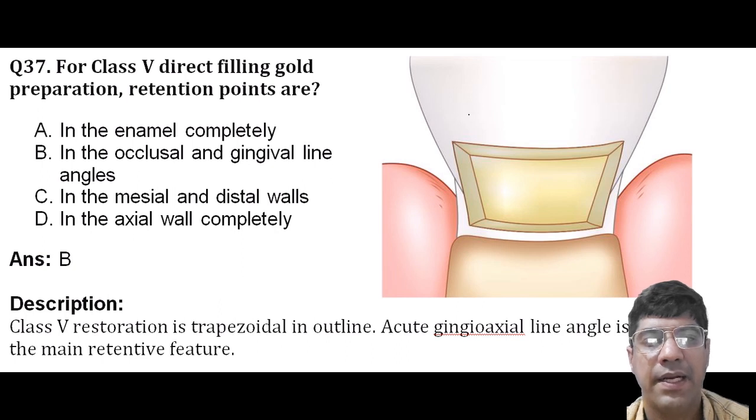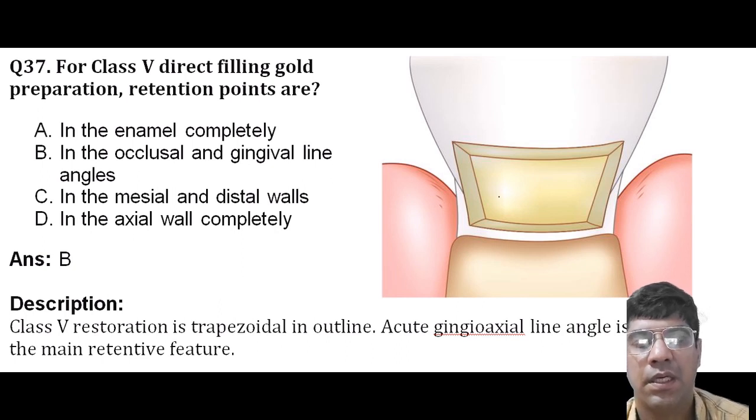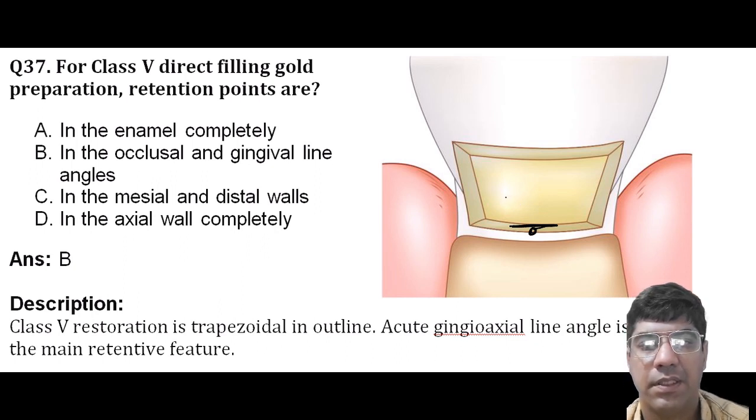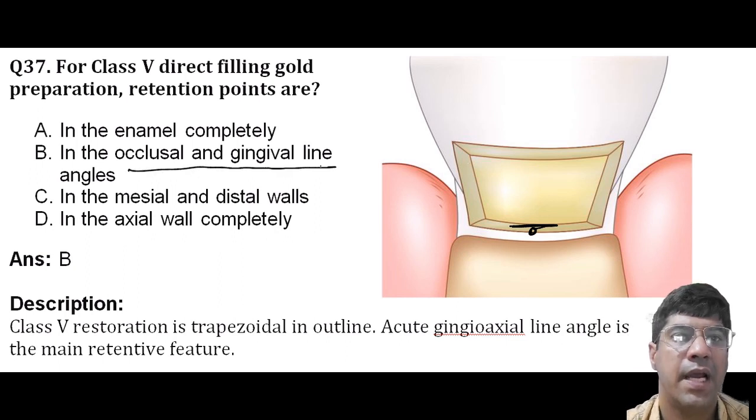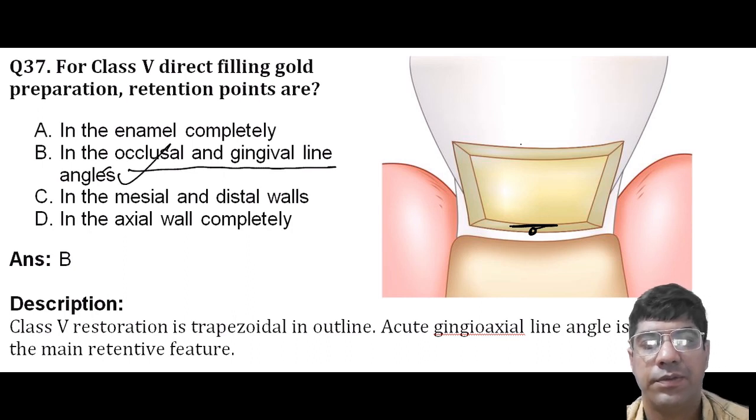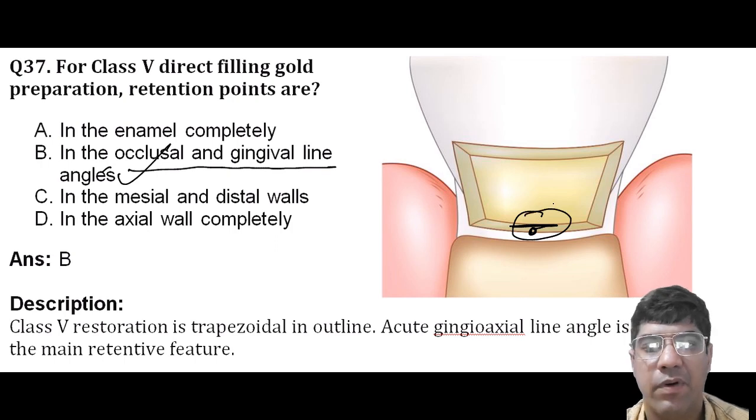So the main retentive features are the gingivo-axial line angles. That helps to ensure proper retention of the gold restoration in the tooth. So the answer is occlusal and gingival line angles in the tooth. Retentive points are made at the gingivo-axial line angles.